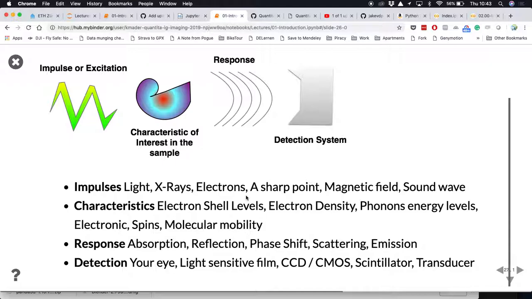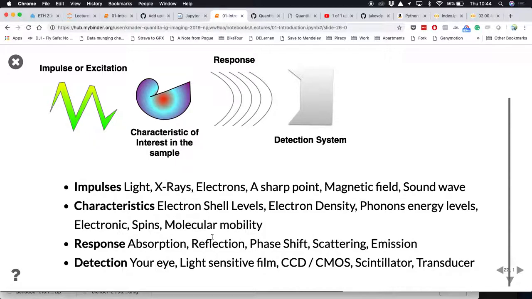The impulse, in the case of your iPhone, would be the light in the room. So you have lights coming out that are shining on objects here. The characteristics, in the case of light, would be the electron shell levels of absorbing and reflecting light, or the optical properties of the sample that you're looking at. In other cases, they might be phonon energy levels if you're looking at infrared spectroscopy, or electron spins or molecular mobility.